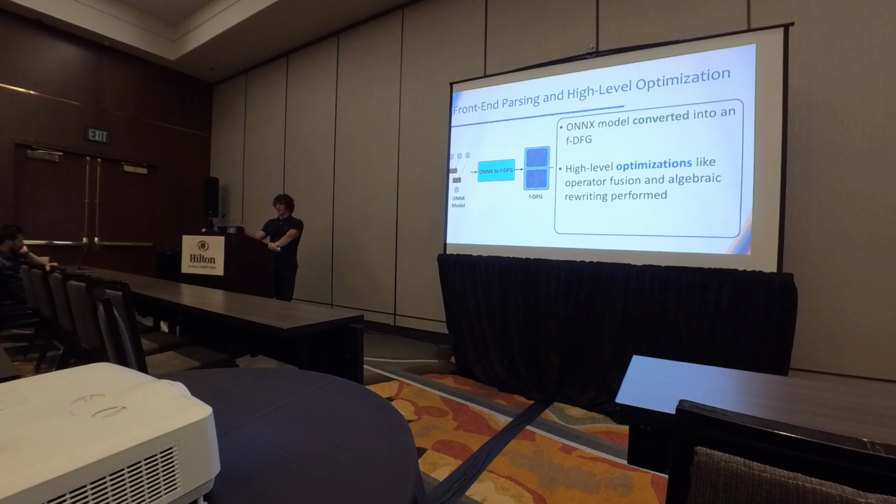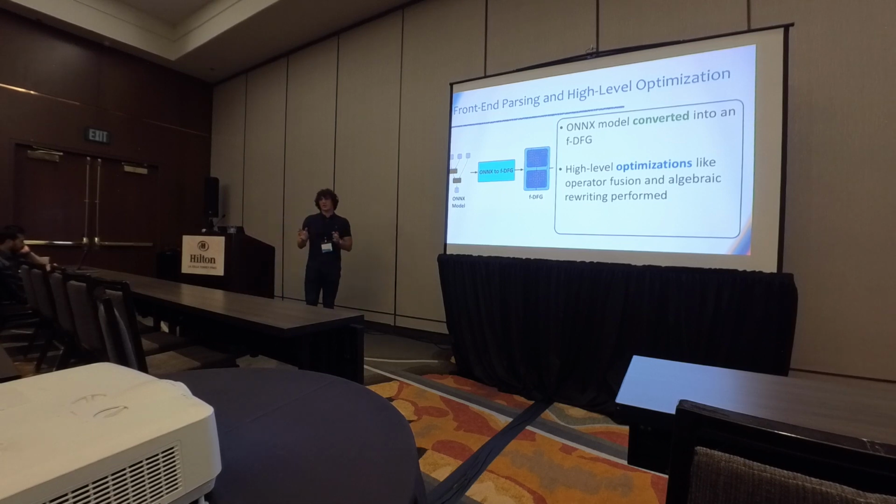It's highly interoperable between these frameworks. The front end of our compiler turns the ONNX model input into the high-level FDFG representation. With the FDFG, we can do high-level optimizations, like operator fusion, or algebraic rewrites, like dead code elimination, constant folding, constant propagation, etc.